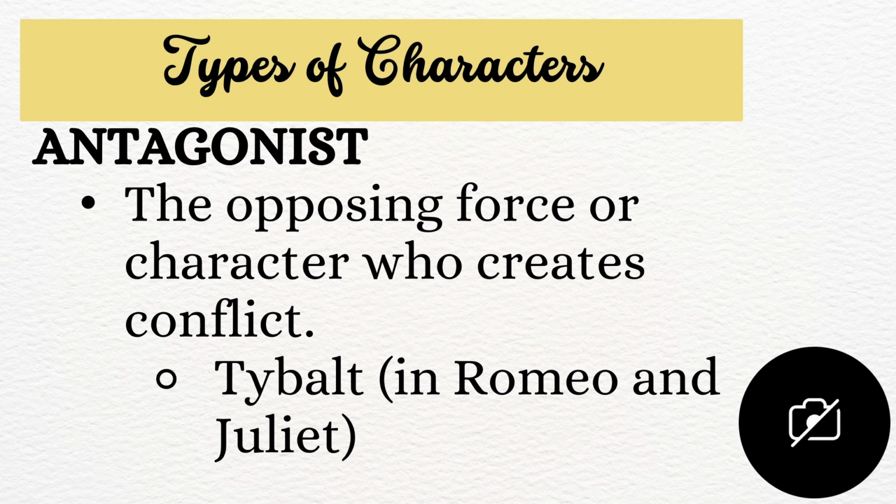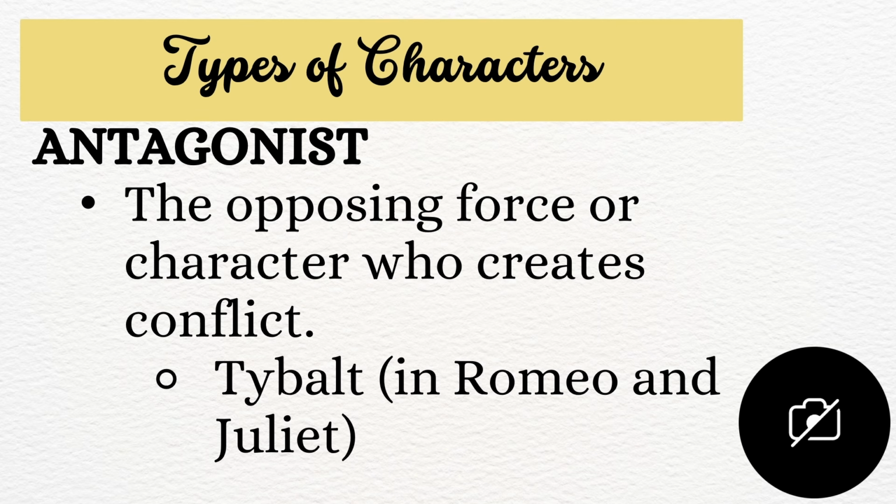And of course, if we have the protagonist, we also have the antagonist. Okay, so the protagonist is the good one. The antagonist is the opposing force or the bad one. I mean, it could be either. Like, for example, if we change POV, if I am T-Bot, my antagonist is Romeo. If I'm Romeo, my antagonist is T-Bot. So it could be anyone.